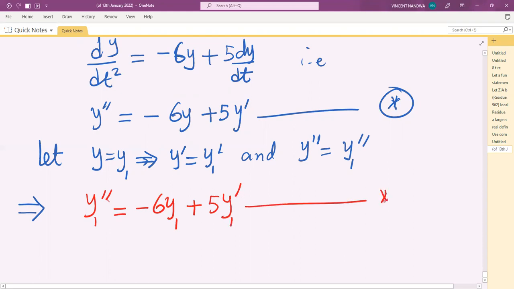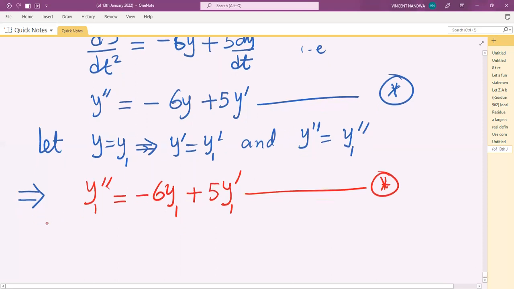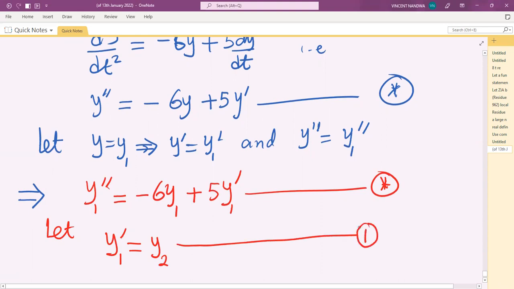So this is still the star equation. Now I introduce a new variable called y2, and I say let y1 prime be given by y2. Once I introduce the new variable, I call this equation 1.